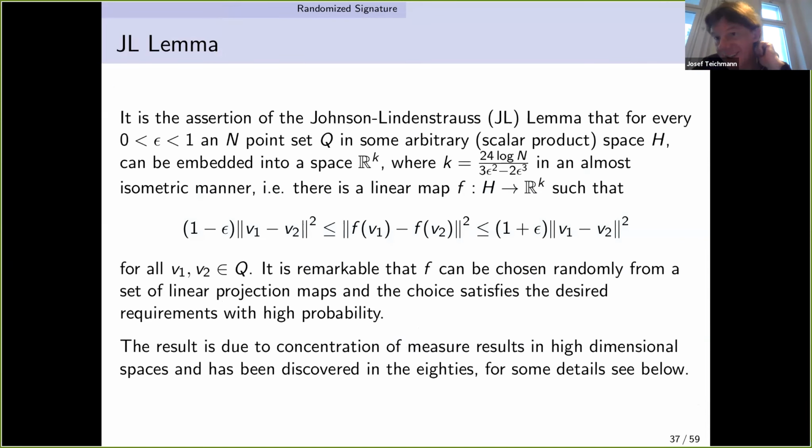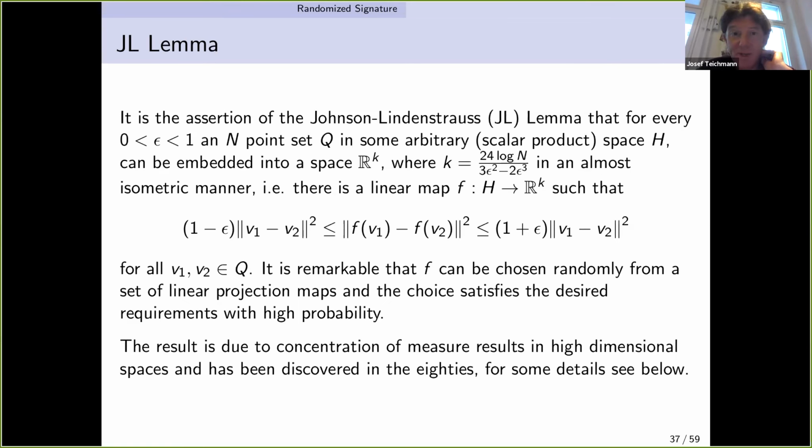What I do here is, of course, I use a compression, at least on an infinitesimal level, of the information stored in the signature into a lower dimensional space. So I use for that the famous Johnson-Lindenstrauss lemma from geometric Banach space theory.